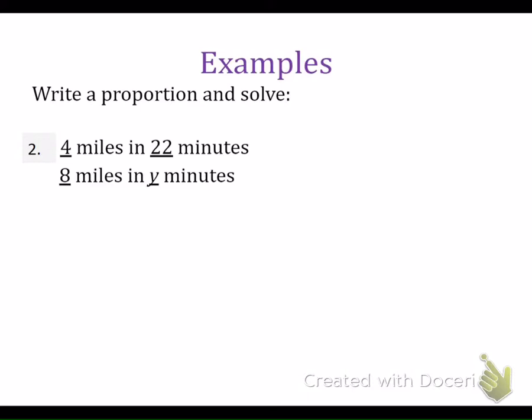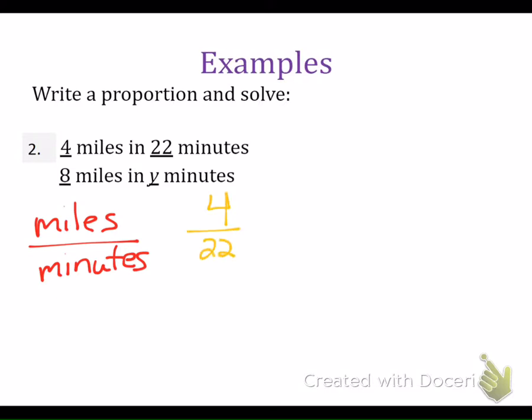Okay, so miles, 4 miles in 22 minutes, 8 miles in y minutes. So let's do miles over minutes. So the first one, we have 4 miles in 22 minutes. So 4 over 22 is equal to 8 miles in y minutes. So remember, our miles are going to stay on top.